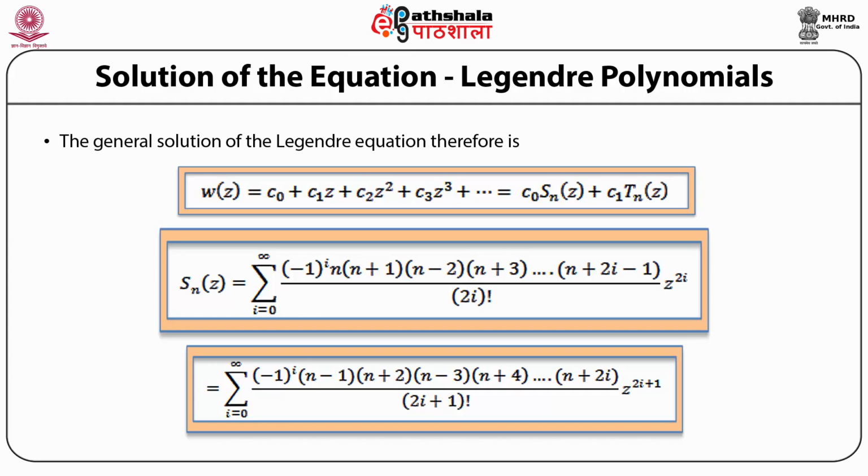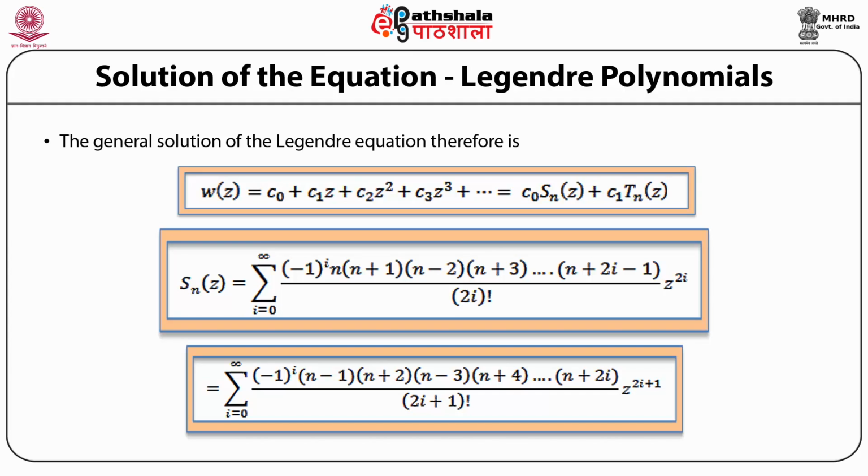This is equal to c0 times S_n of z plus c1 times T_n of z, where S_n of z is equal to summation over i going from 0 to infinity minus 1 raised to power i into n into (n plus 1) into (n minus 2) into (n plus 3) so on till (n plus 2i minus 1) multiplied by z raised to power 2i divided by 2i factorial.